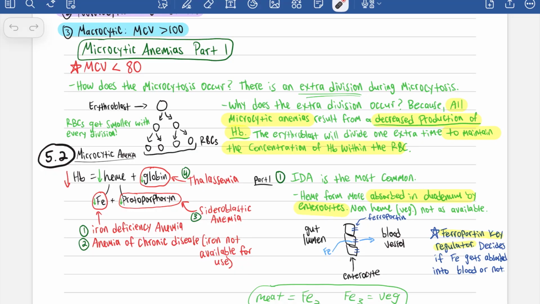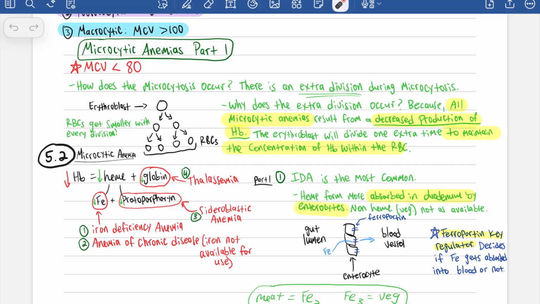And that's a major problem, because if you remember from last video, we need that hemoglobin to transfer oxygen throughout our body, and hemoglobin lives inside of our red blood cells. So we need the amount of hemoglobin to match the amount of red blood cells we have.